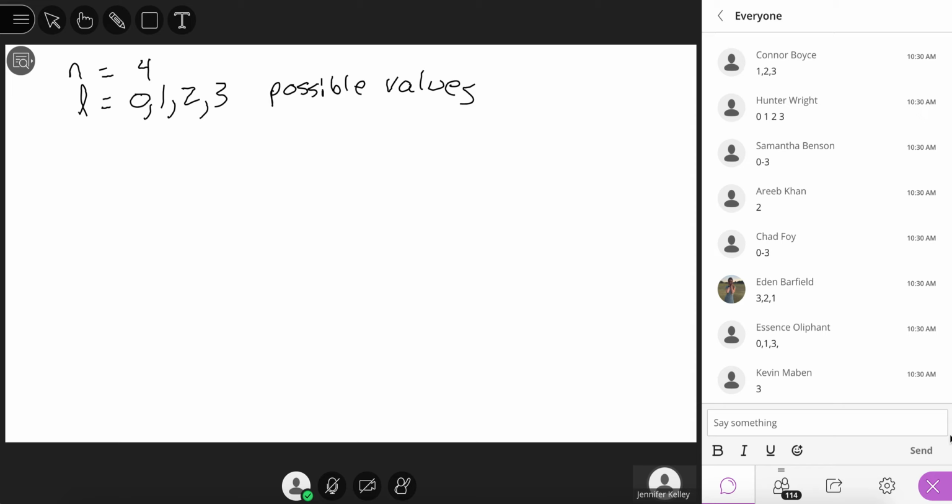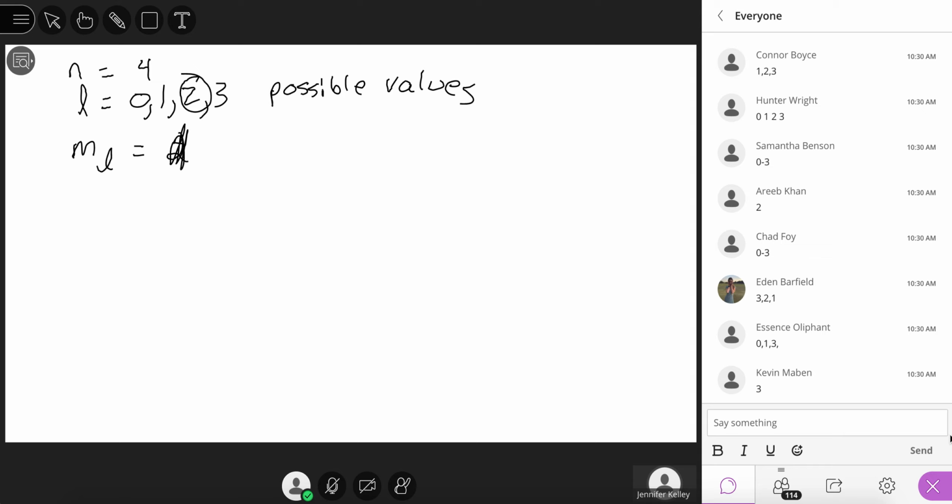In order to figure out what ML is, we have to have a particular value of L. Let's say L is 2. What could ML be?